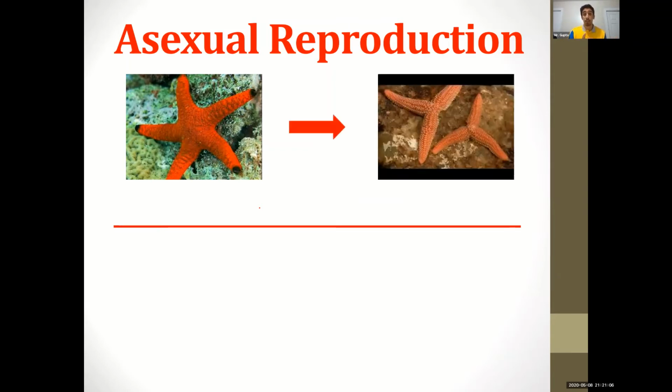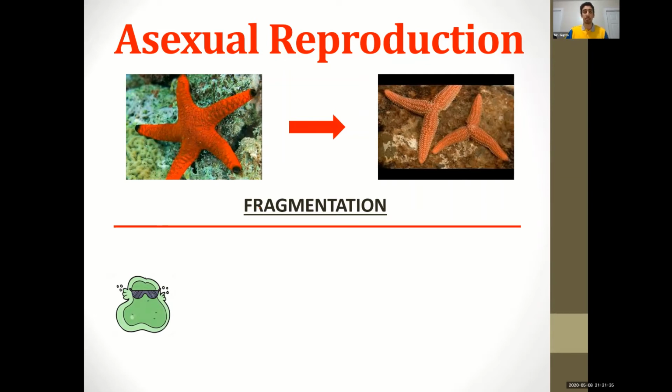But starfish are unique in the sense that if they get ripped in half, both halves may form two starfishes. And this process is known as fragmentation. There are other organisms that also asexually reproduce through fragmentation, but starfish is one of the bigger, more common examples.